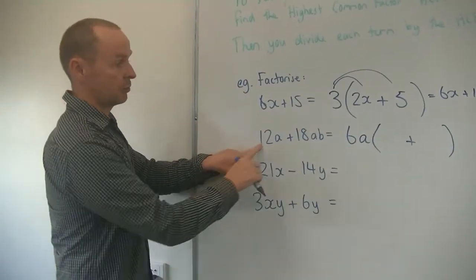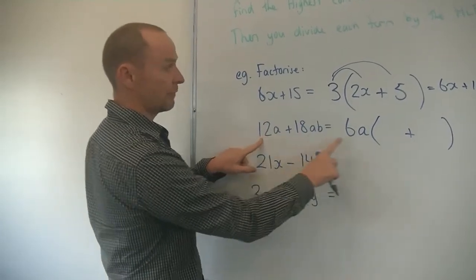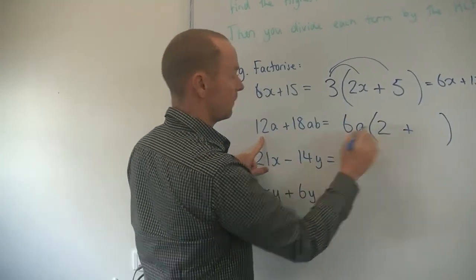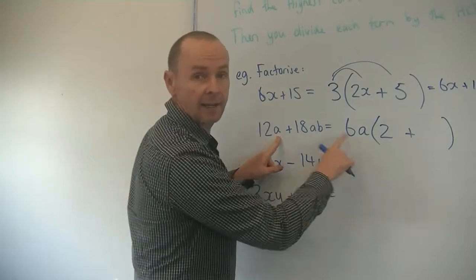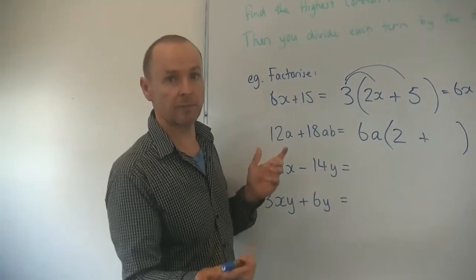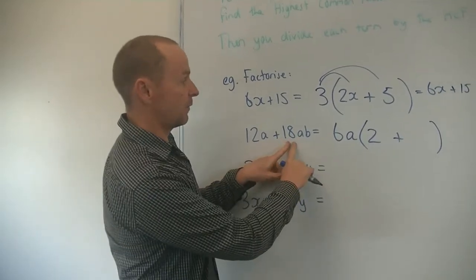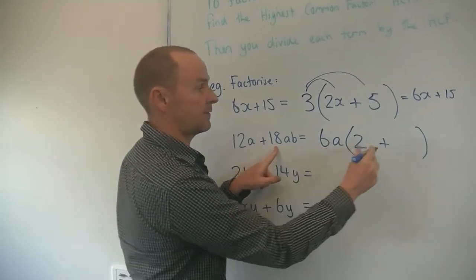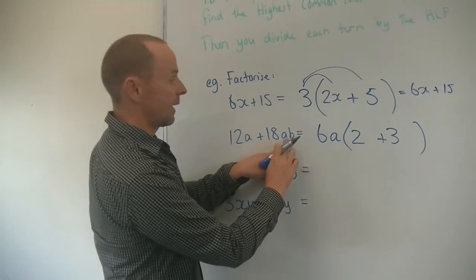Now we do each bit separately. 12 divided by 6 is 2. And A divided by A means they cancel. So that's effectively gone. So now we move on to the next one. 18 divided by 6 is 3.